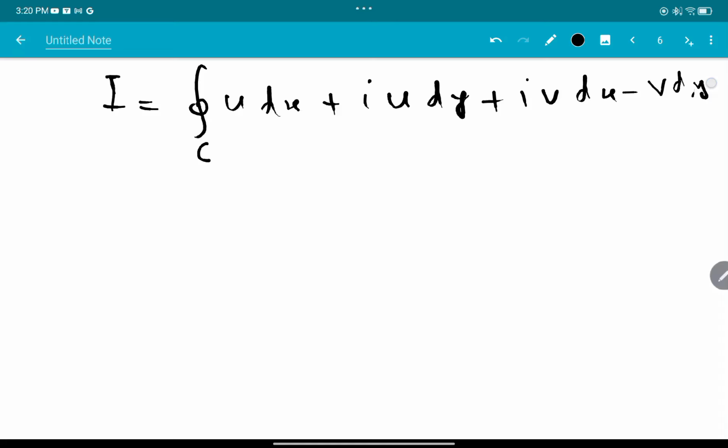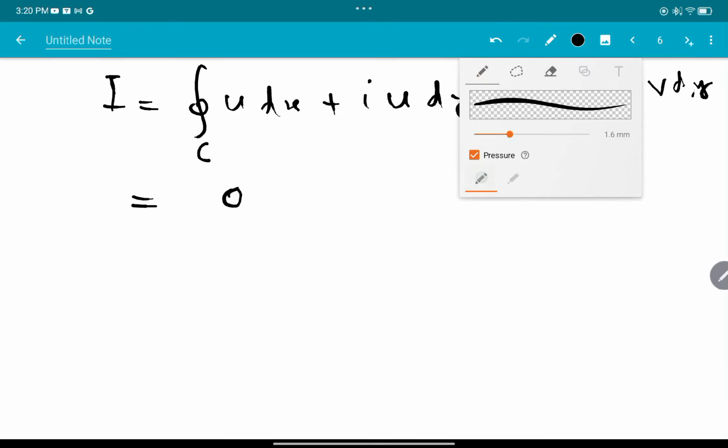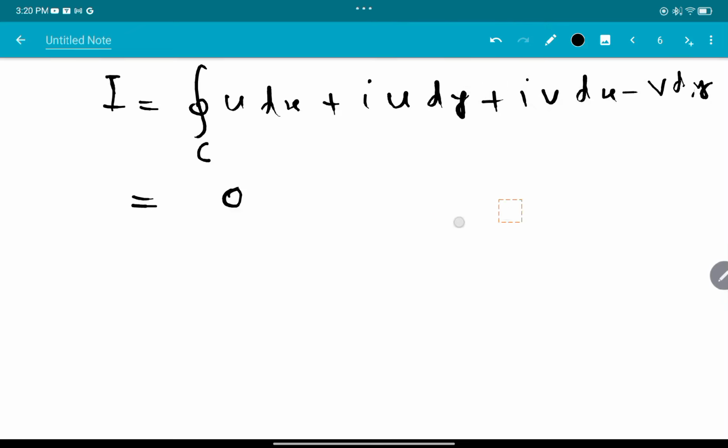Just do one thing: separate the real and imaginary parts of this expression. So this is first of all the integral of u dx, then minus v dy.